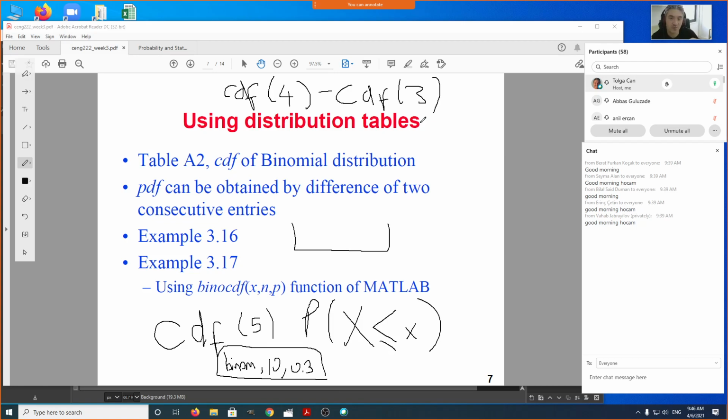If this was a continuous random variable, it will give us the probability of the lifetime of a light bulb between 3 and 4 days. One thing that is interesting in continuous random variables is that it doesn't matter whether you include the boundaries or not, because the probability of obtaining exactly 3 is 0.